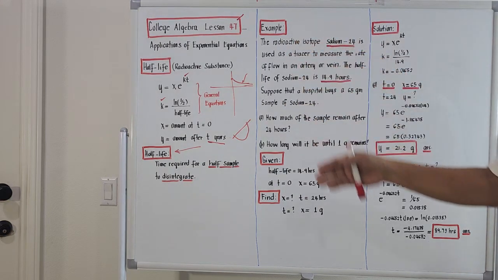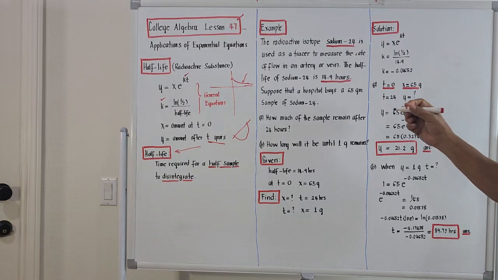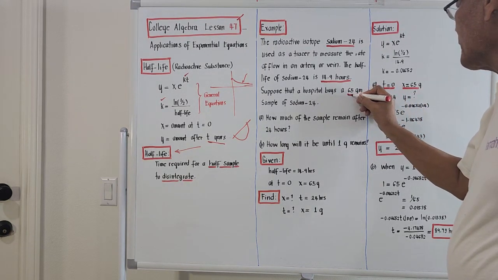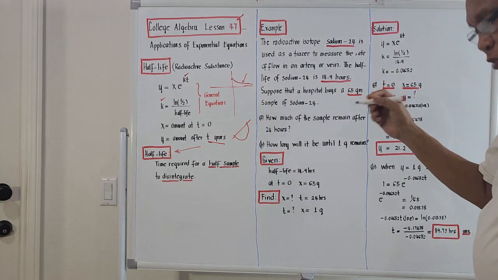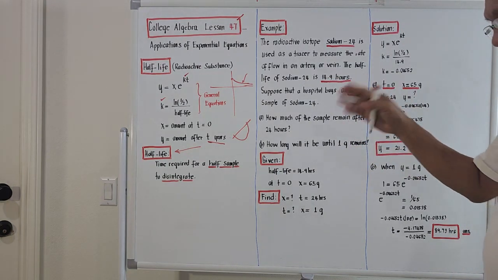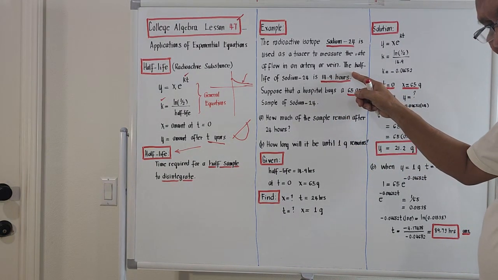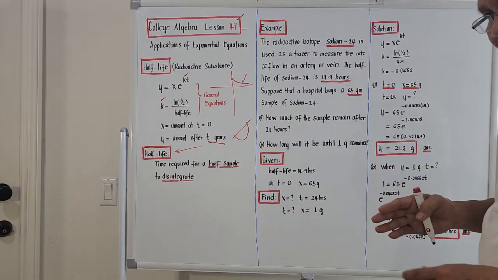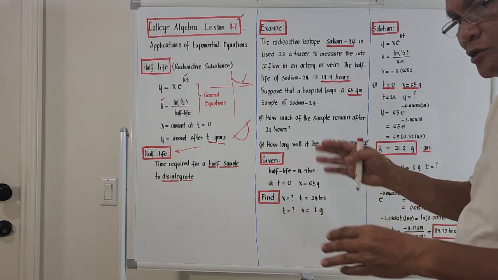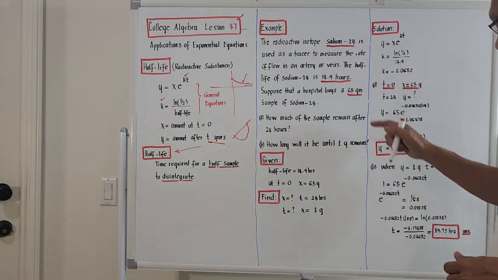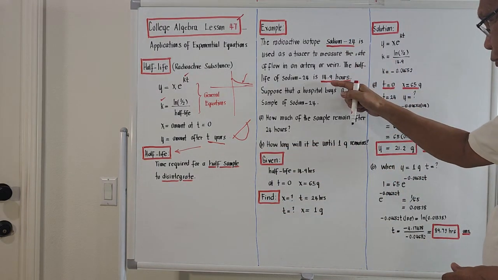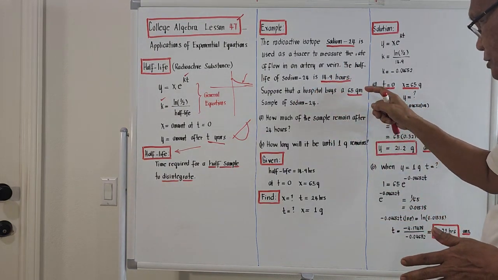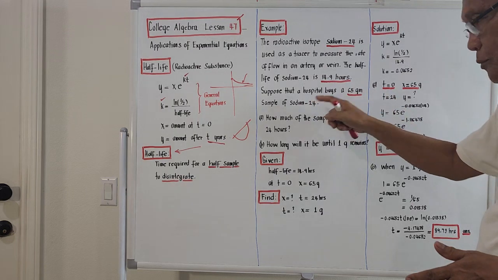So the total original amount is 65 grams, and it was determined that the half-life of sodium-24 is 14.9 hours. This could be taken from a data sheet, because they have probably experimented on this already.